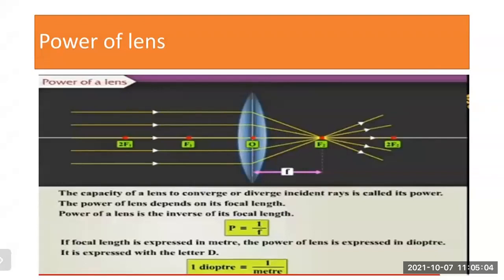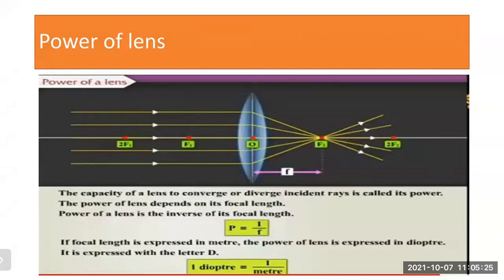If the focal length is expressed in meter, the power of the lens is expressed in diopter. Remember this: power of a lens is expressed in diopter if you take the focal length in meter.